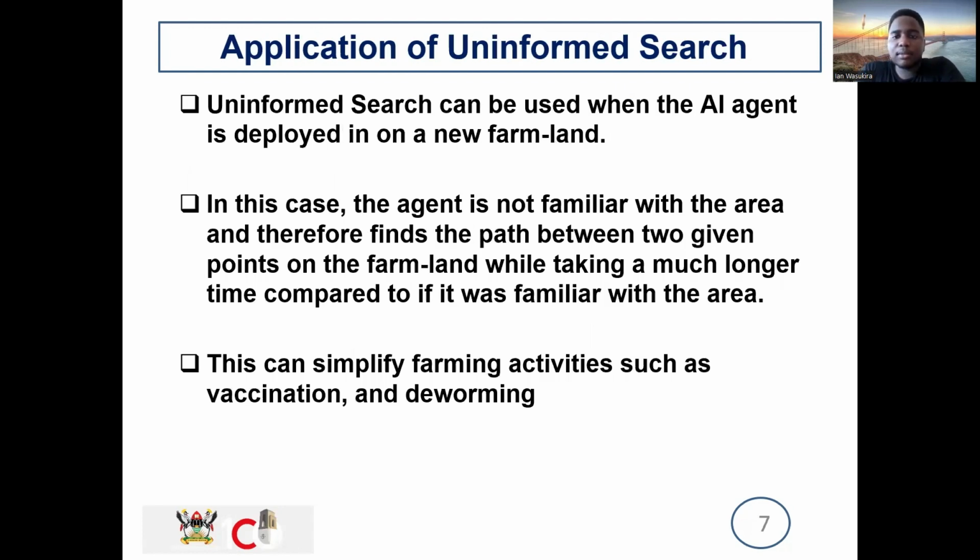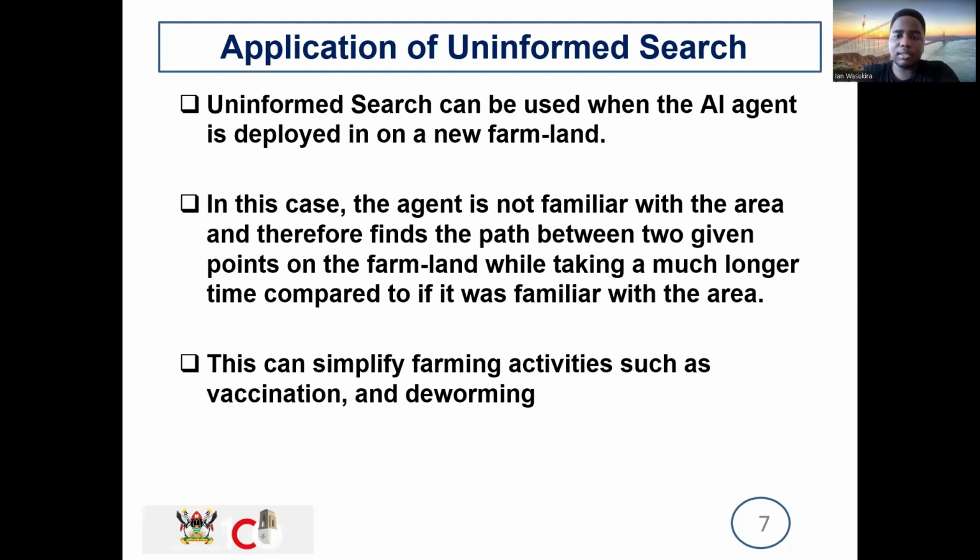Uninformed search, in this case, is applied when the agent is not familiar with its environment. So it's either the first time it's being deployed into an environment, or the first time it is being told to search for a path and it's faced with completely new surroundings.